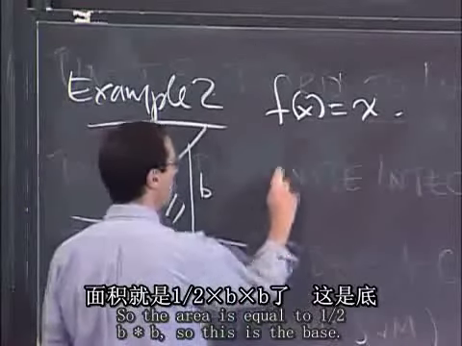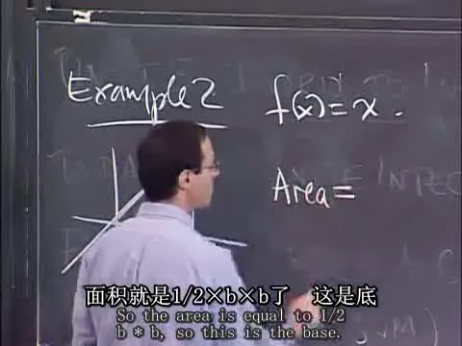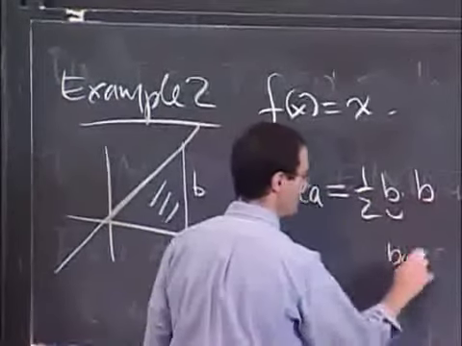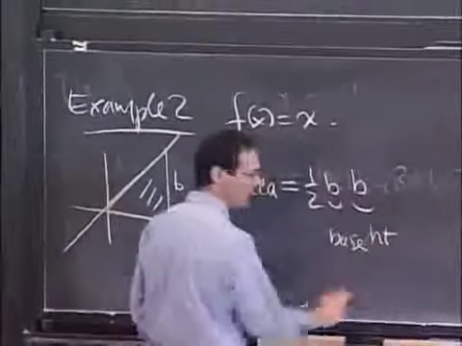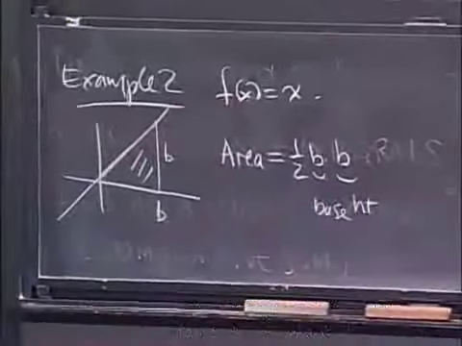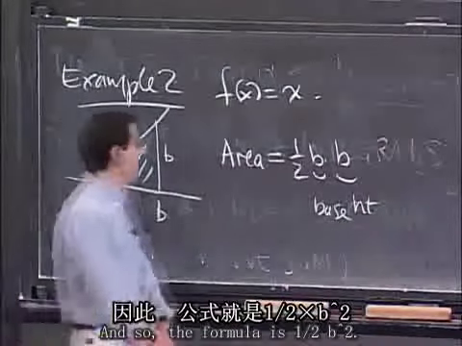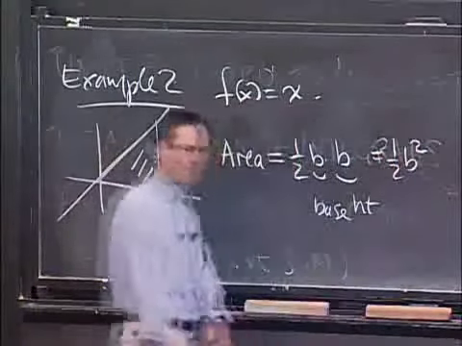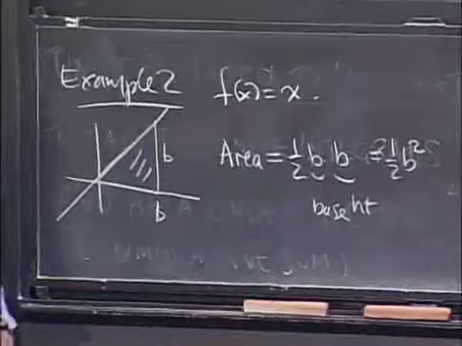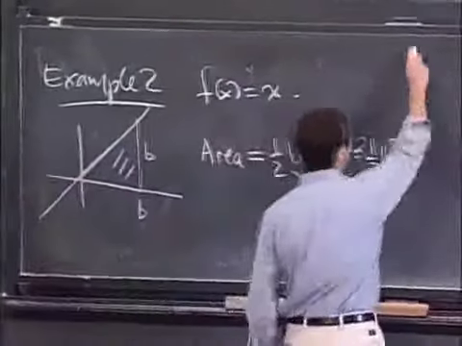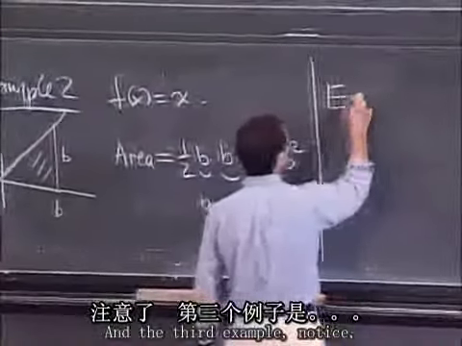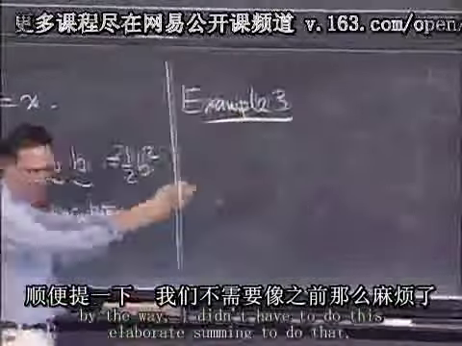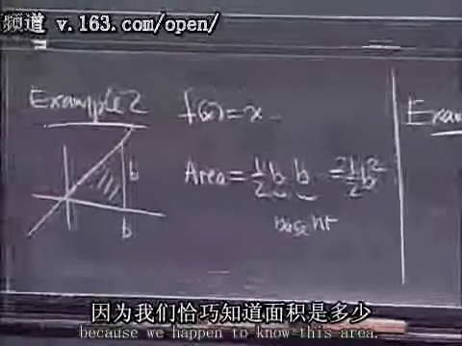So the area is equal to 1/2 b times b. So this is the base, and this is the height. We also know how to find the area of triangles. And so the formula is 1/2 b squared. Notice, by the way, I didn't have to do this elaborate summing to do that because we happen to know this area.